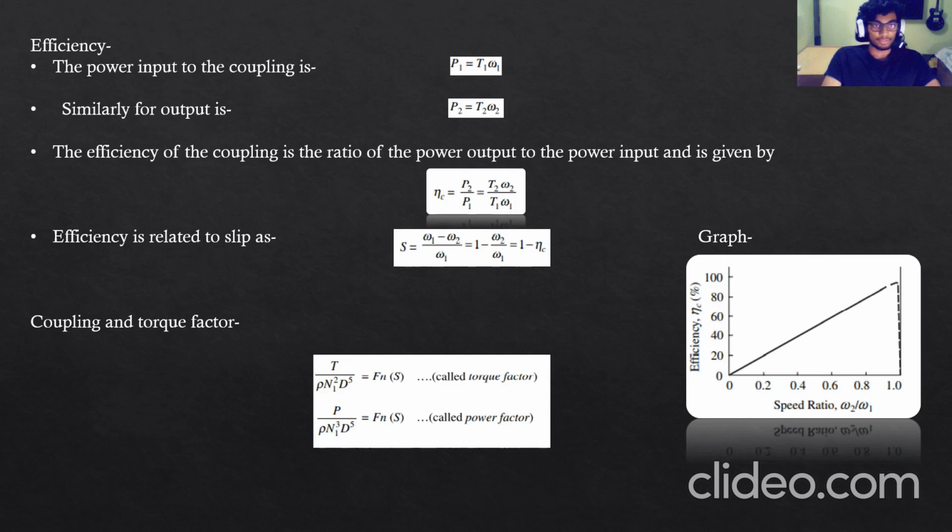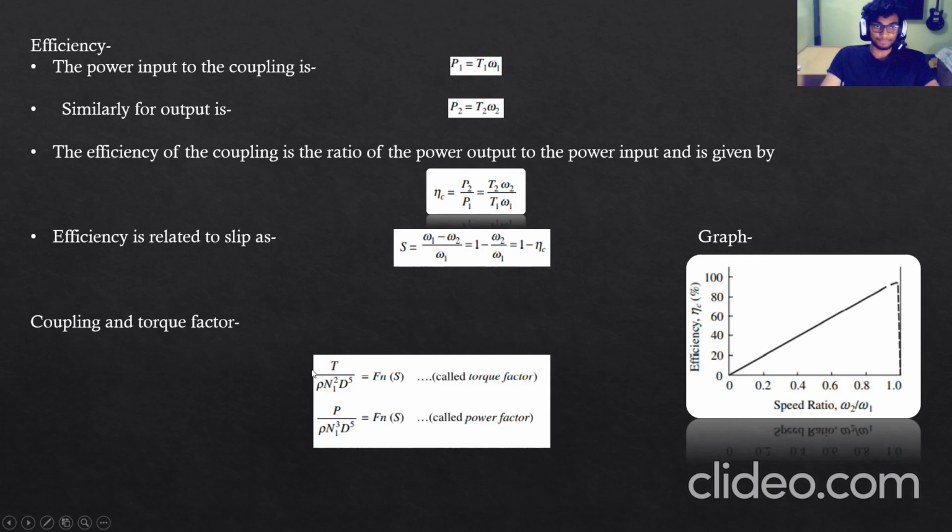Now, coming on to coupling and torque factor. So these two equations right here are derived from dimensional analysis. So first equation is called the torque factor, which is given by T is equal to rho n1 square d raised to 5, which is equal to Fn. And the power factor is equal to P by rho n1 cube d raised to 5, which is equal to Fn.